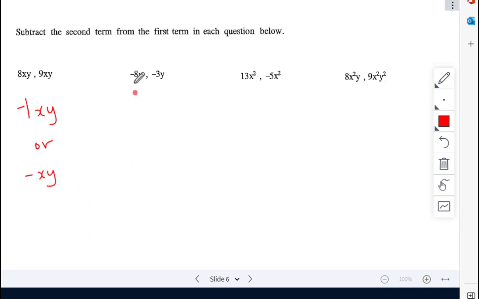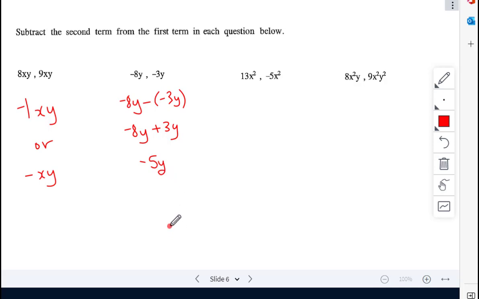All right, here you are subtracting, but this will look like negative 8y minus negative 3y. All right, so that does become negative 8y plus 3y, which gives me negative 5y.